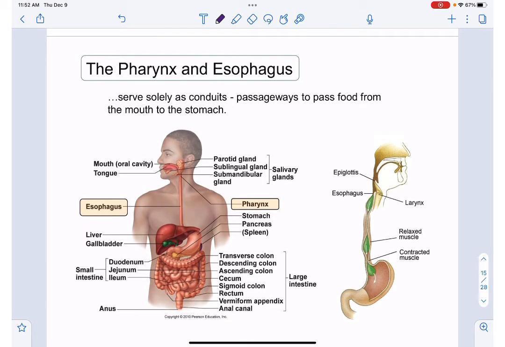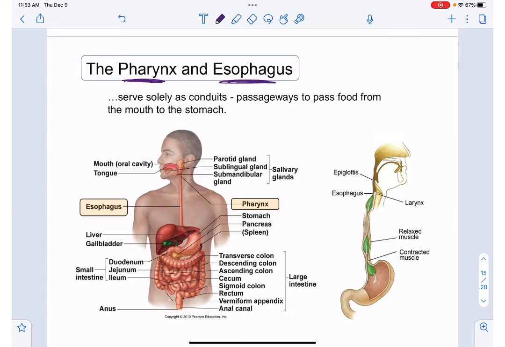Our next stop along the alimentary canal is going to be the pharynx, also known as the throat, and the esophagus. And there are some interesting things going on with the pharynx and esophagus, especially with regards to the nervous system.